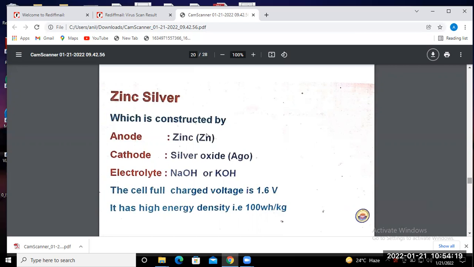So you just have to be concerned about the anode and cathode material for the various types of battery we discuss here. The advanced types of battery are zinc silver, zinc bromide, and sodium sulfur.